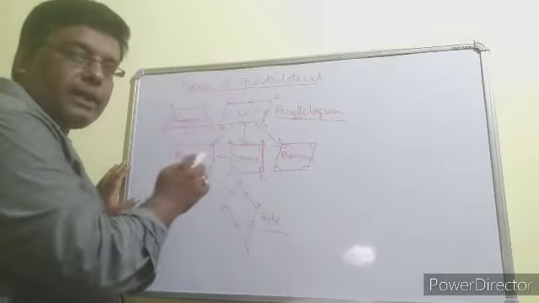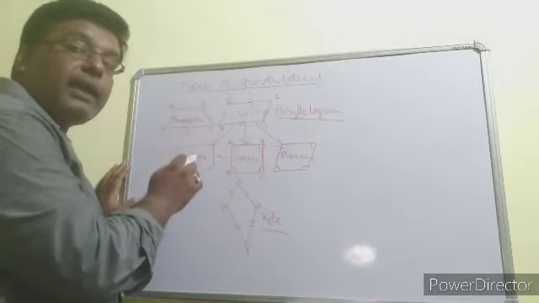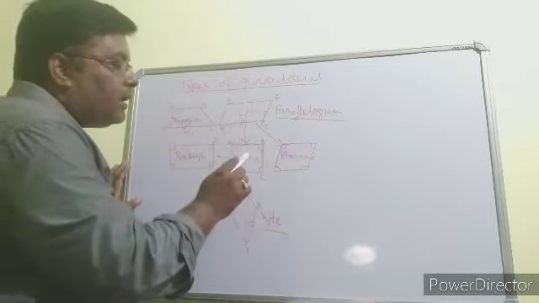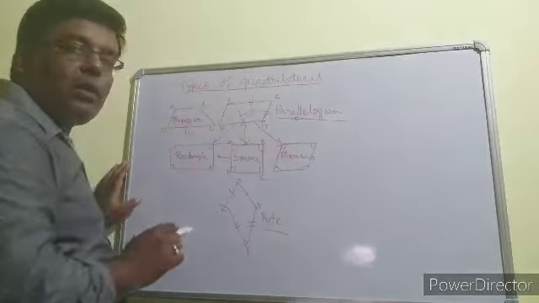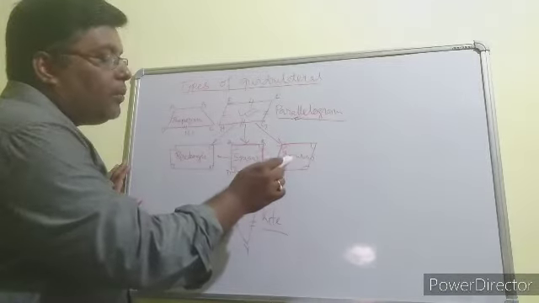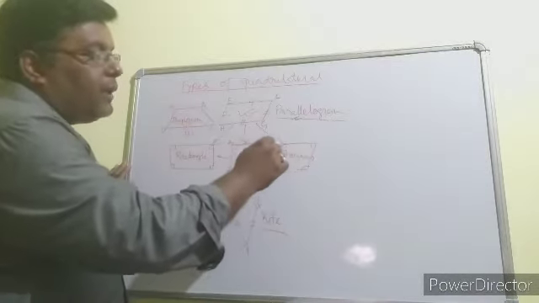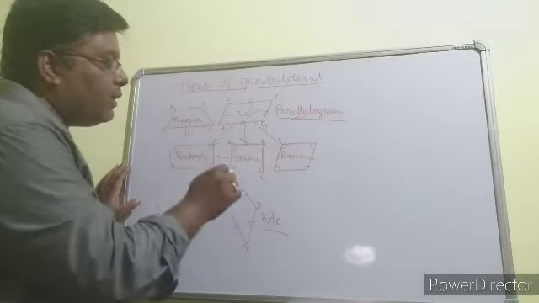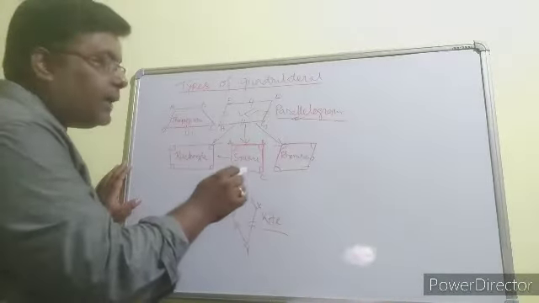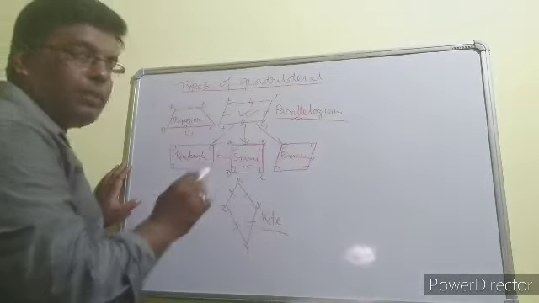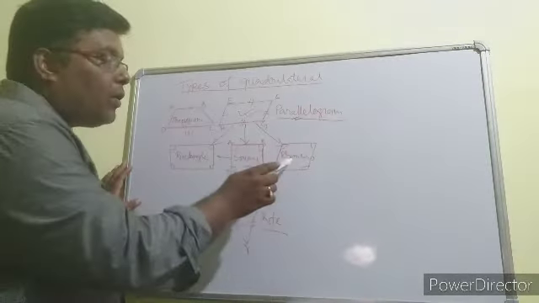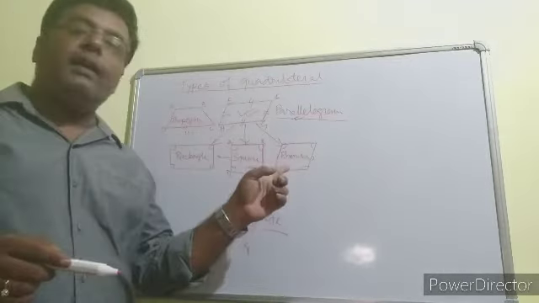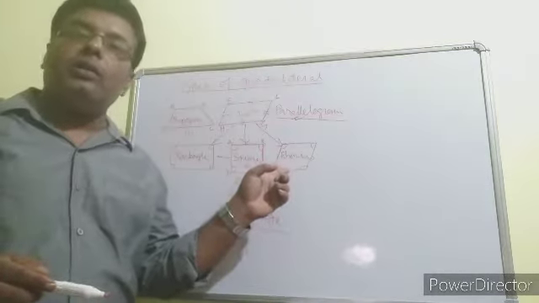Similarly, a square can be considered as rhombus, because in case of rhombus, all sides are equal and opposite sides are parallel. Here also all sides are equal and opposite sides are parallel. That is, a square can be considered as rhombus, but a rhombus cannot be considered as square, because in a rhombus the angles are not 90 degree.